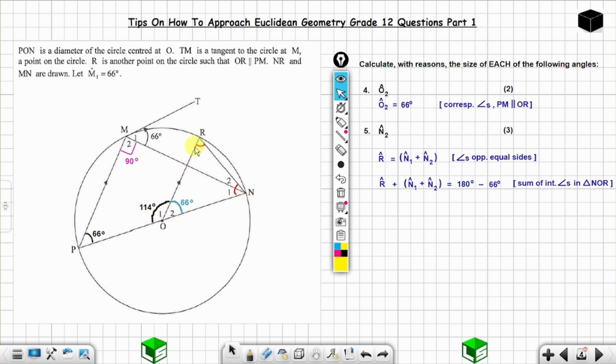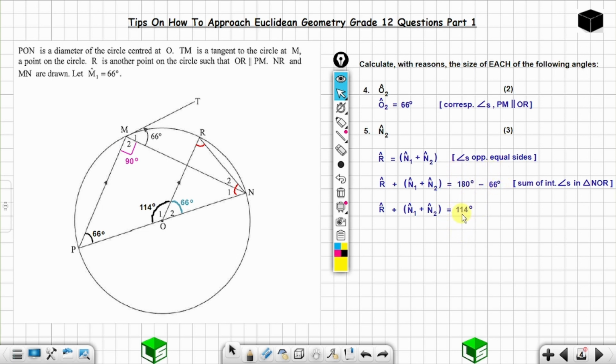You know that the sum is equal to 180 degrees, but you subtract this so that you can have only R plus this, N1 plus N2. So now you have this angle plus this angle, R1 plus N1 plus N2, is equal to 114 degrees.